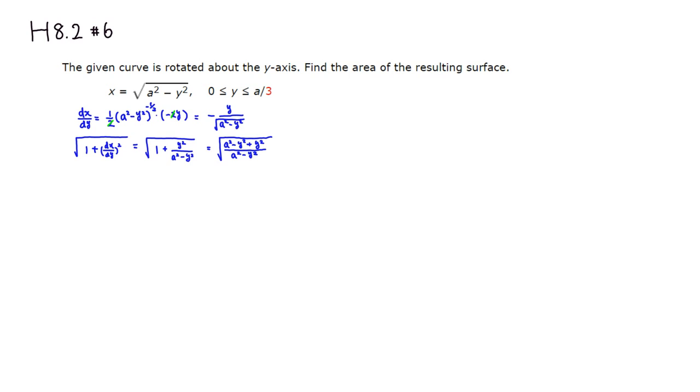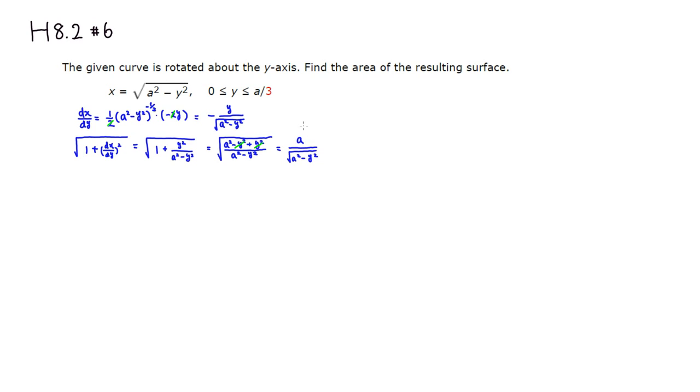We can cancel the negative y squared and the positive y squared. Then we have a squared under the square root, so a is on top, and the square root of a squared minus y squared is on the bottom.